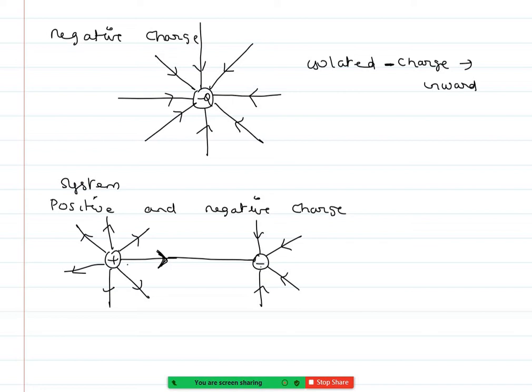Similarly, this line is supposed to go in this way, but because of the force of attraction, it will start moving this way. And here also it is supposed to move this way if no other charge is there in the vicinity. But because of the presence of this negative charge, it will start moving in this way. Clear or no? So because of the presence of these charges, the electric field line changes its path. Clear or no?